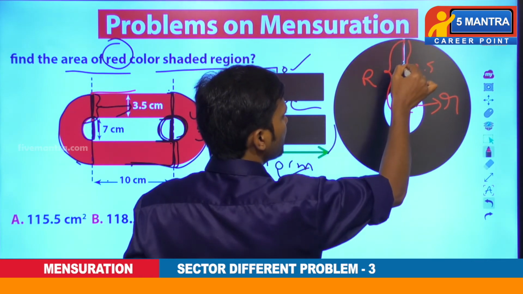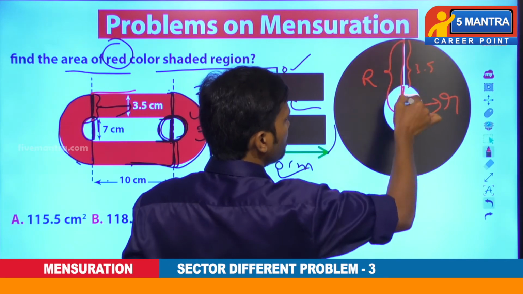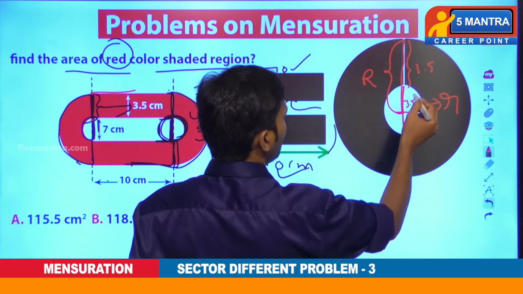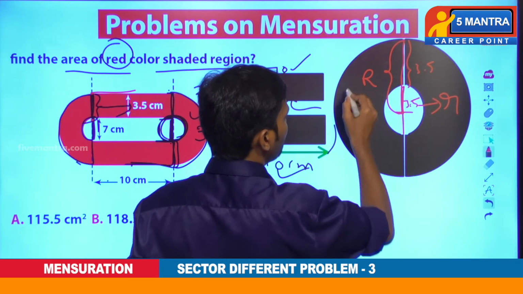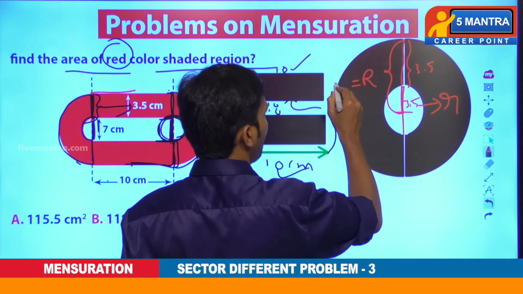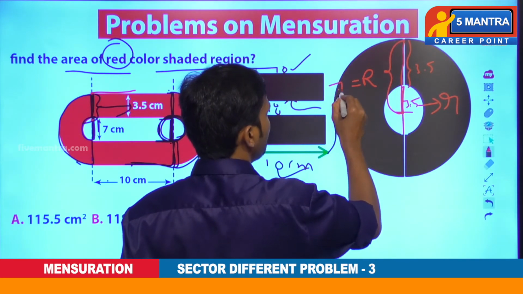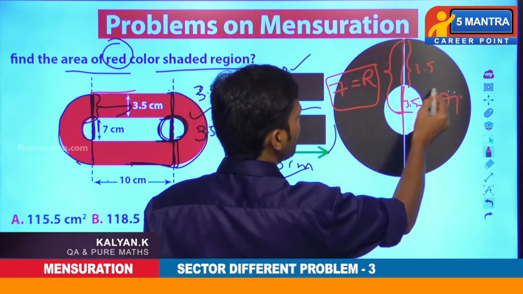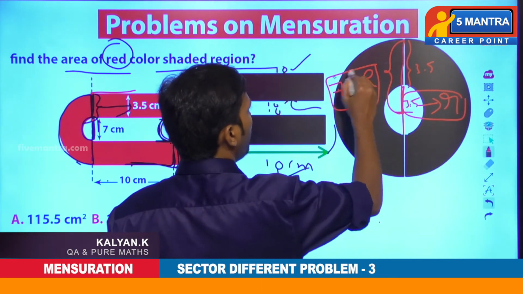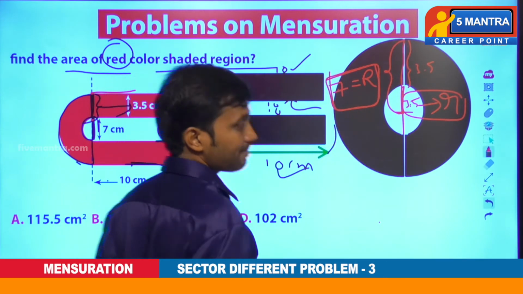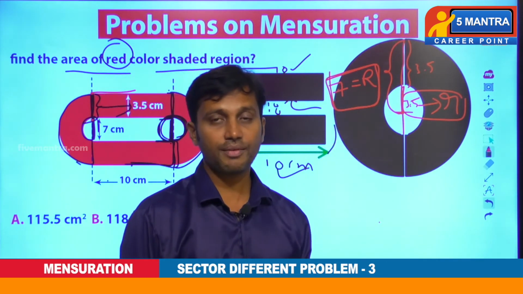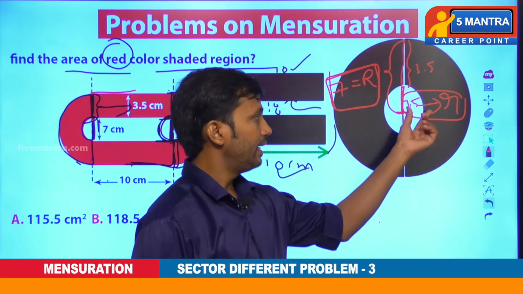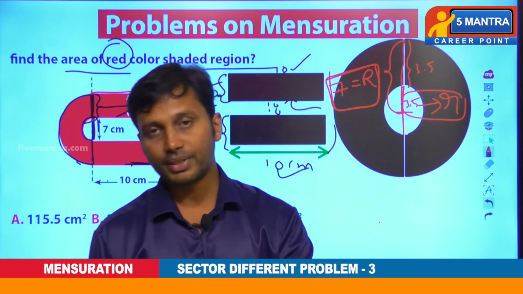This is the width of the circular ring, and adding these two we get capital R or not? How much is the value of that? Here this is 3.5 and this is 3.5, added together to get the capital radius. That means this is 7 centimeters or not? So we have the inner circle radius as 3.5 centimeters and the outer circle radius as 7 centimeters. Clear for you guys?